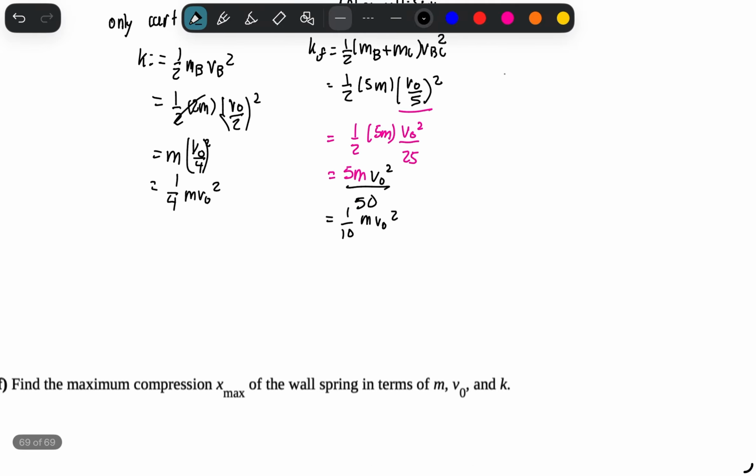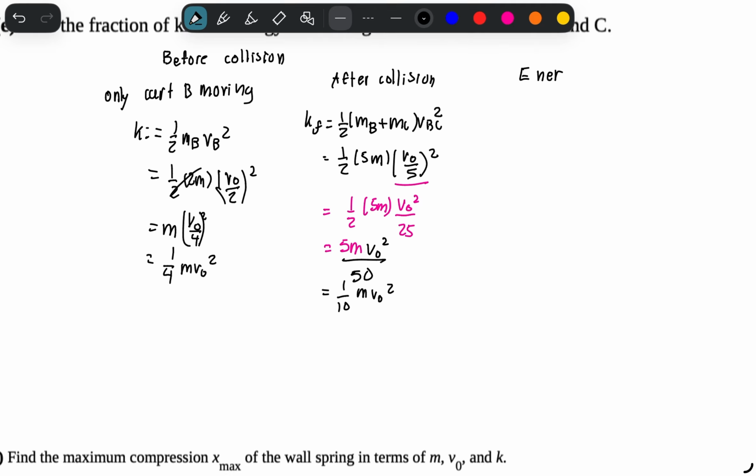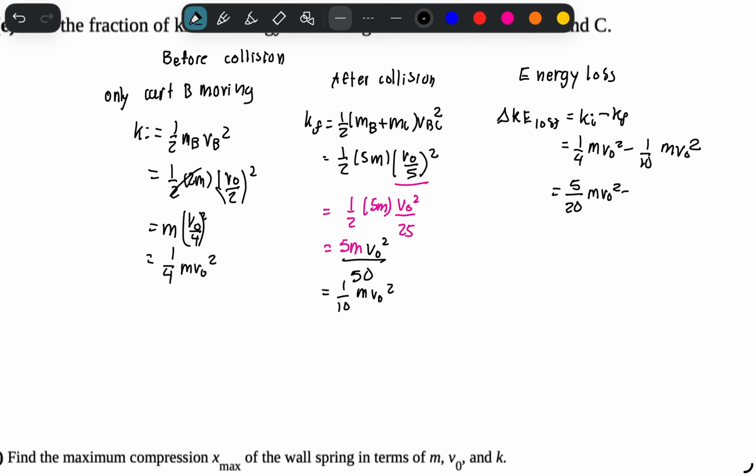So then we can find our energy loss, because this is going to be the change in kinetic energy. We have initial minus final. That's 1/4 m v initial squared minus 1/10 m v initial squared. Well, 1/4 is the same thing as 5/20, and 1/10 is the same thing as 2/20.